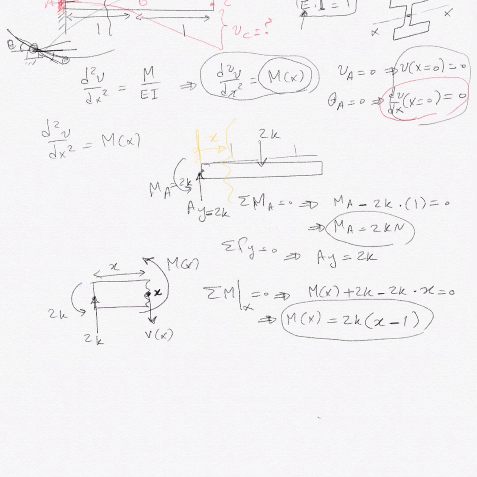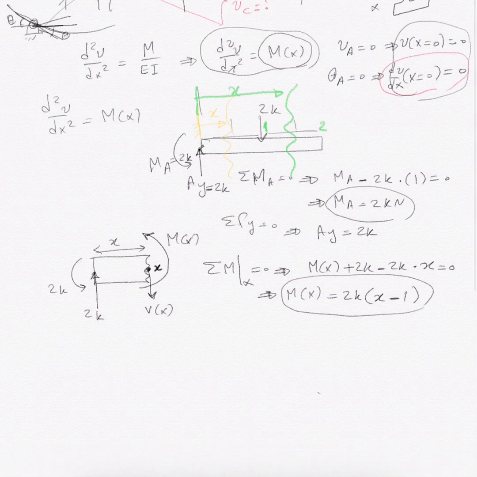That means from here, when x, let's draw it here with green. We need probably another color, green, thicker. Okay, from here to here, x between 1 and 2. What is the moment right there? Well, the answer is, again, you can take a system like that.